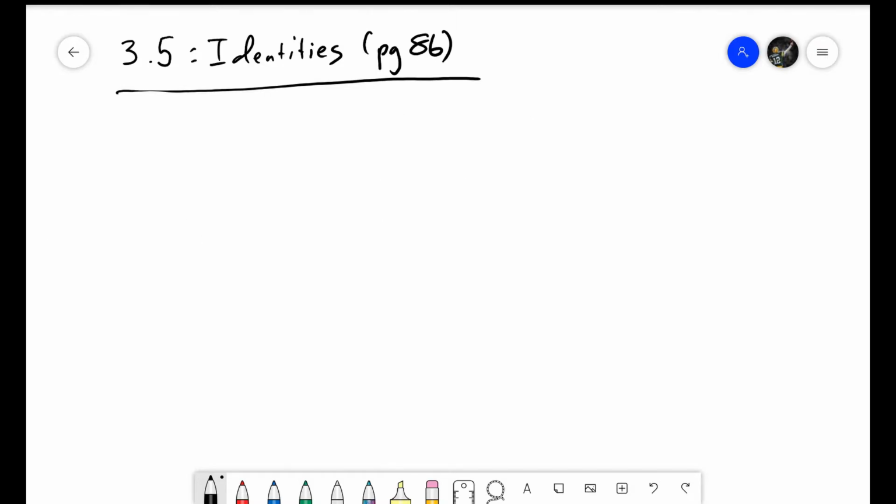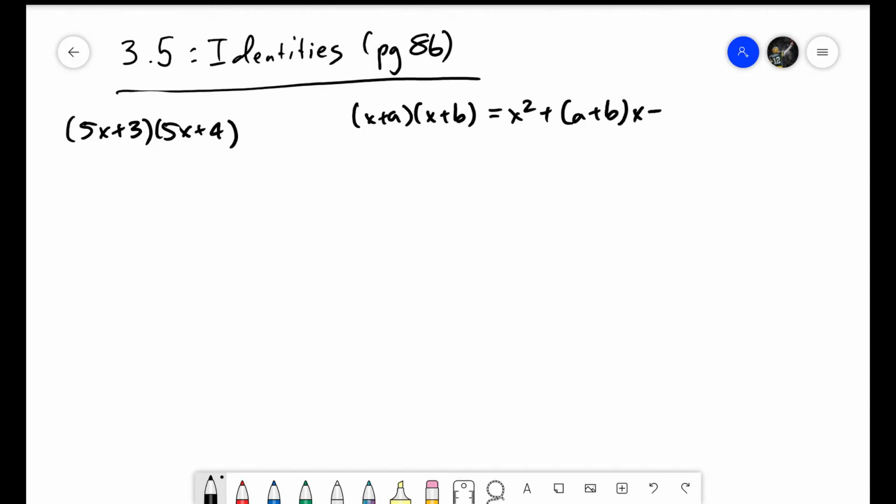The last problem is to simplify (5x + 3) times (5x + 4) using the (x + a) times (x + b) identity. So we found that that's equal to x squared plus (a + b) times x plus ab. So in this case, x is equal to 5x, a is equal to 3, and b is equal to 4.